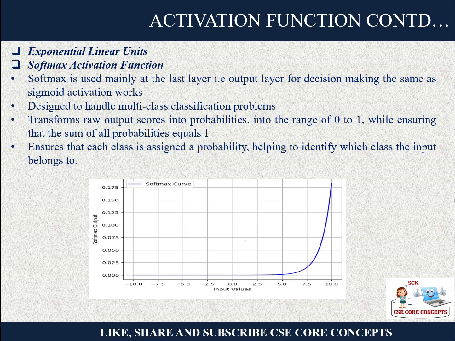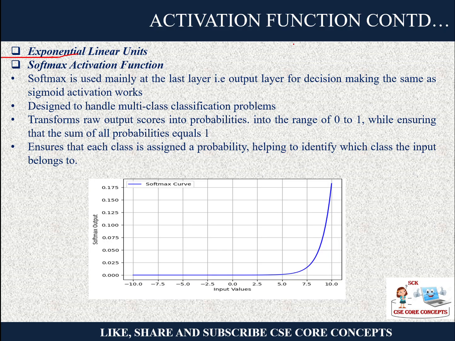And then comes your softmax. This is another type of non-linear function, which is called an exponential. So the softmax activation function is used for multi-class classification. I told you the first one was sigmoid. Sigmoid can be used only when you have a binary classification problem. Then what about multi-class?